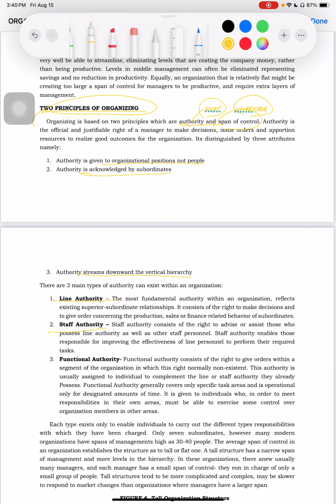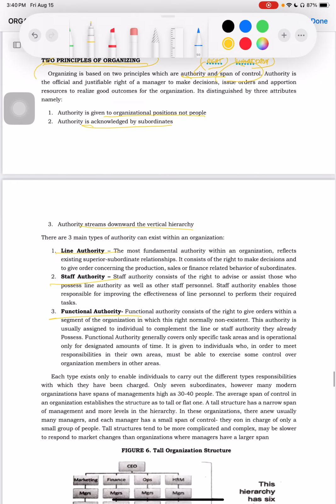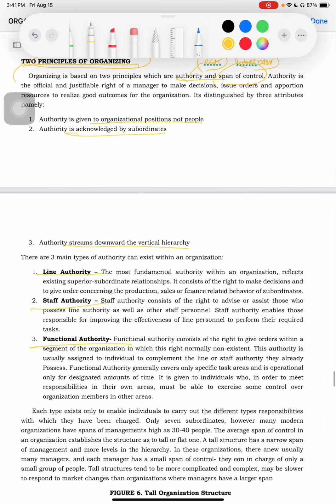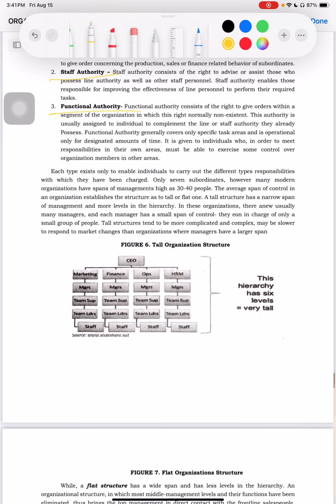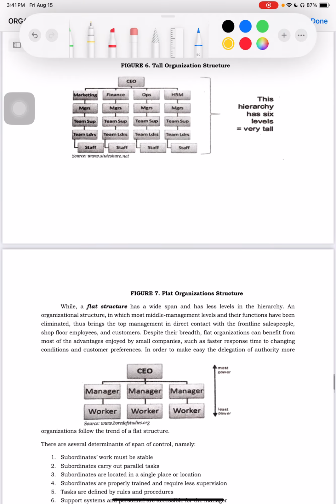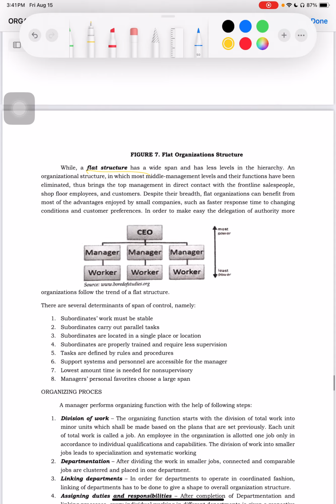So, line authority, staff authority, and partial authority. These are the three main types of authority that exist in the organization. So these are the examples. A flat structure is direct.